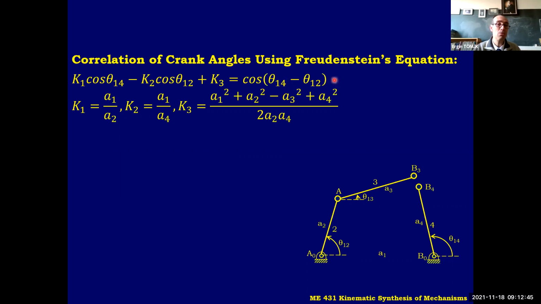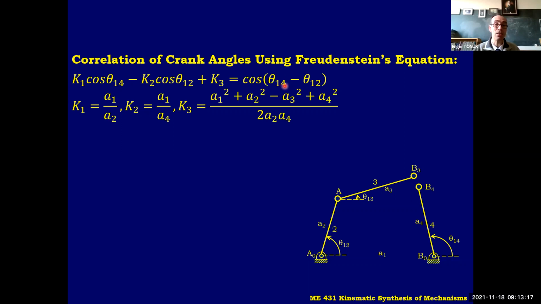So Freudenstein's equation has no advantage in kinematic analysis. What you would do is you would expand this as sine and cosine. So you would obtain an equation in terms of sine and cosine of theta 1,4, which you could solve either using half tangent or phase angle method, which is identical to the loop closure equation when you eliminate theta 1,3.